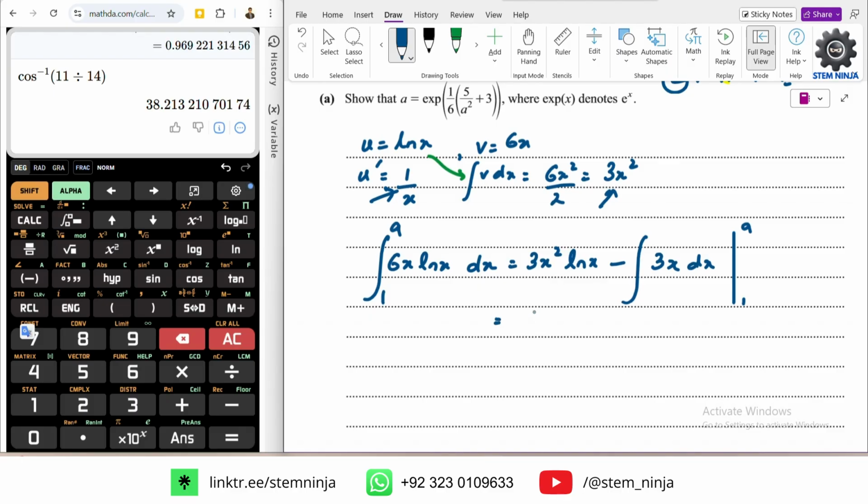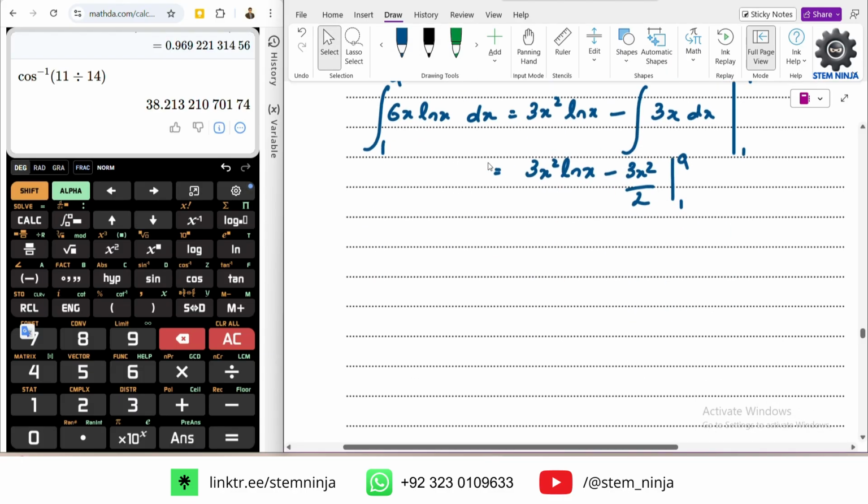First let's simplify this: 3x squared ln x minus 3x squared over 2, from 1 to a. Now we can plug in the values.